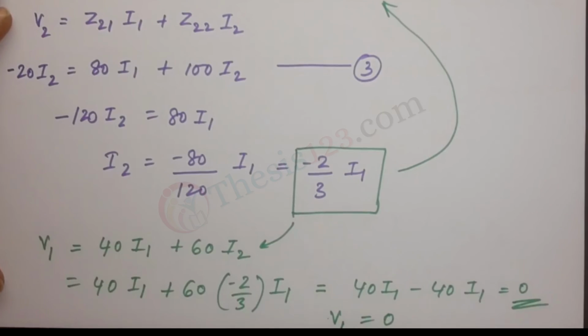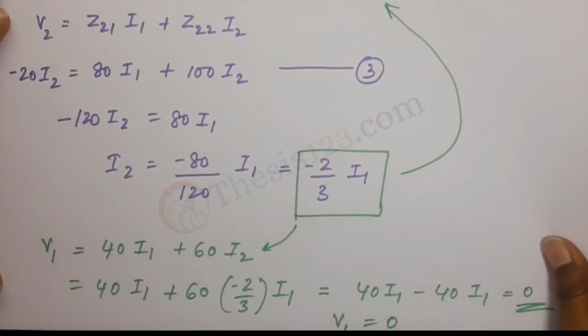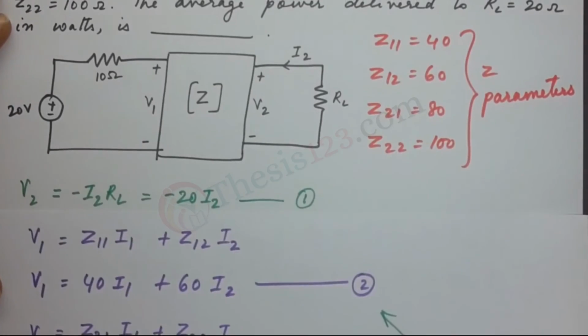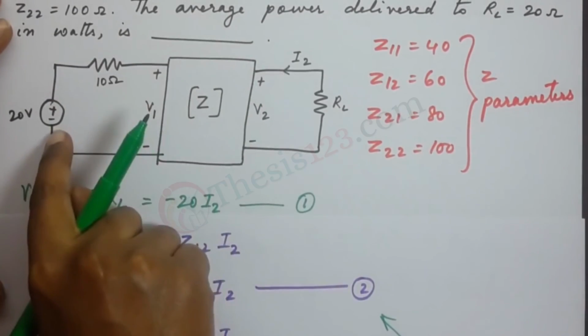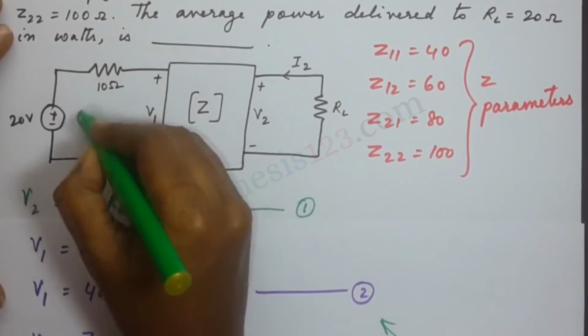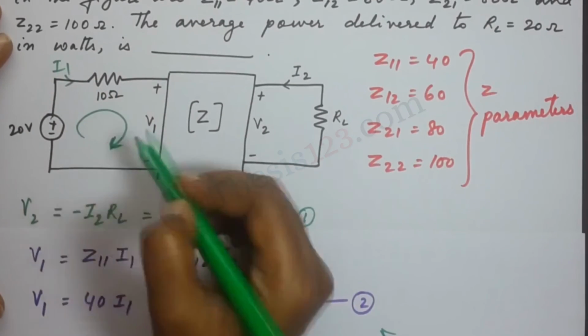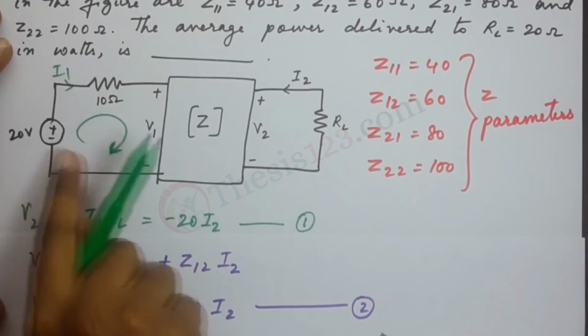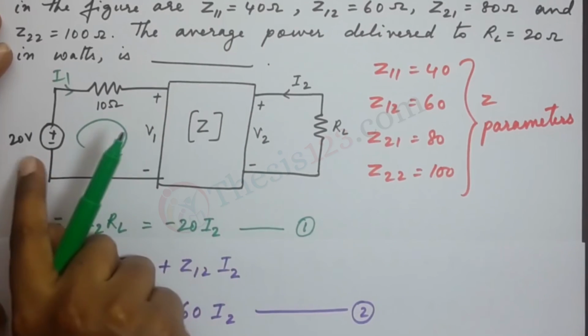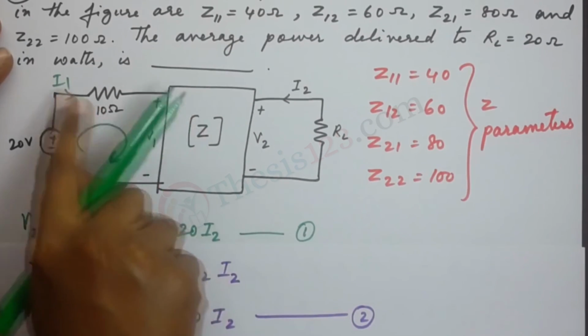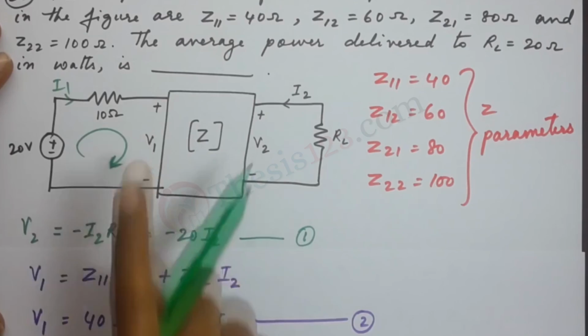Now let's go back to the figure and look at just this loop over here. We have I1 here.